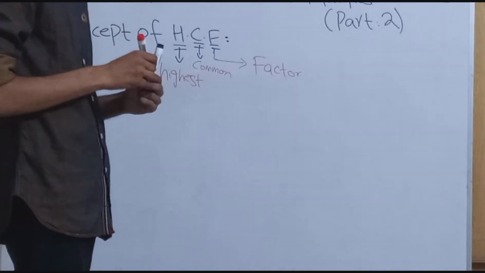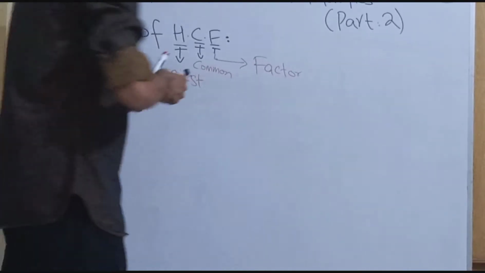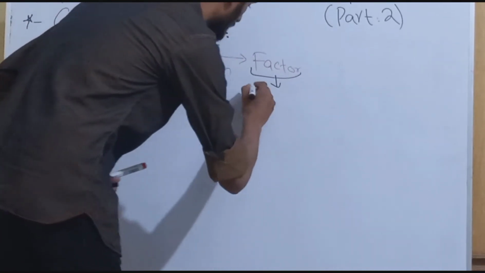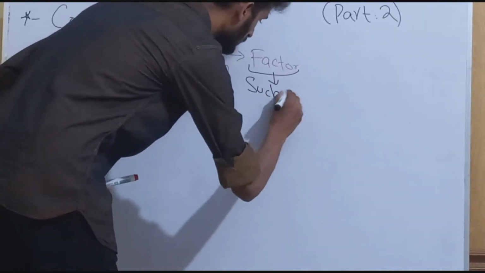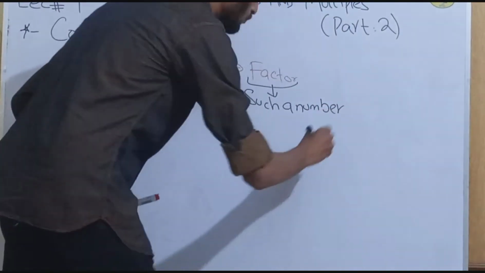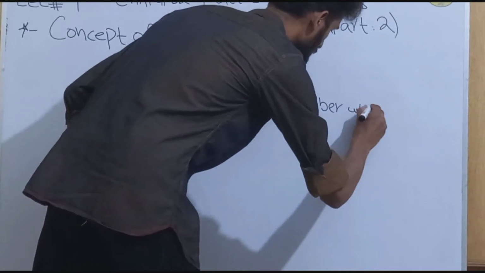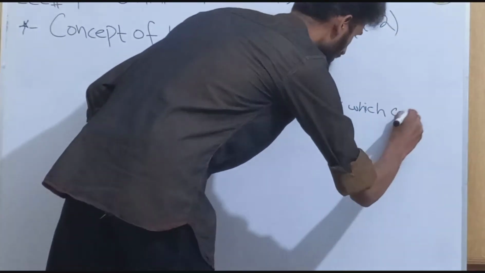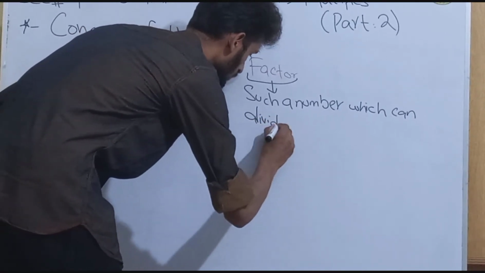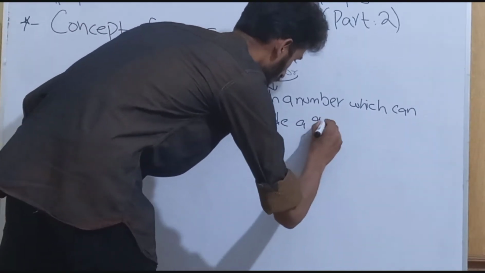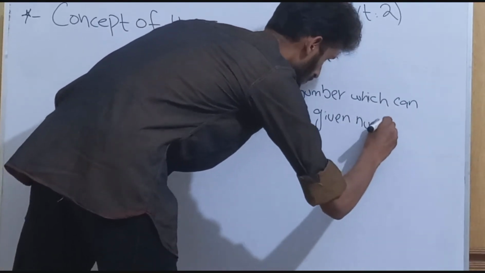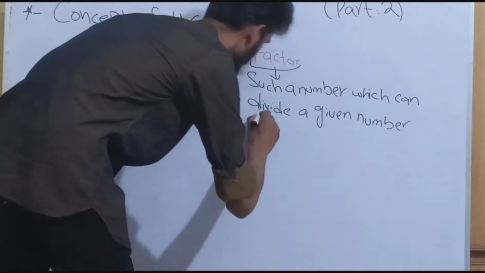So what is a factor? A factor is such a number which can divide a given number completely.